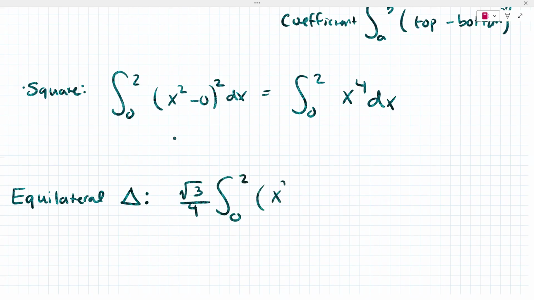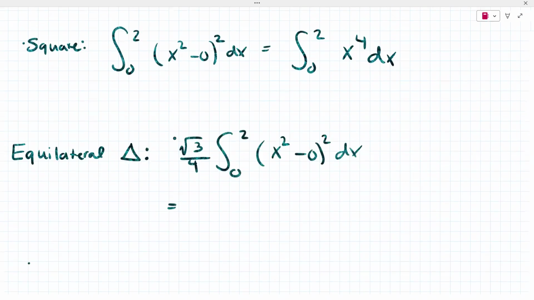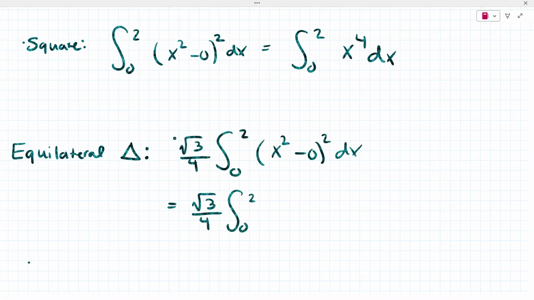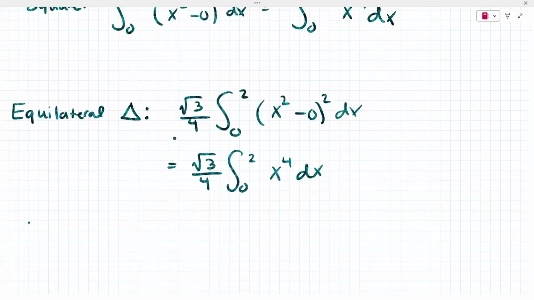So it's x squared minus 0 squared dx. That simplifies to radical 3 over 4 from 0 to 2 of x^4 dx.